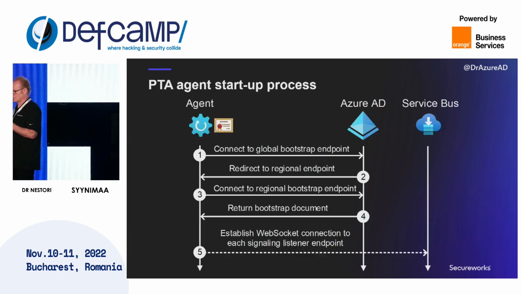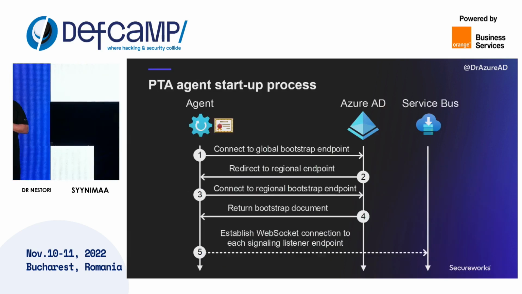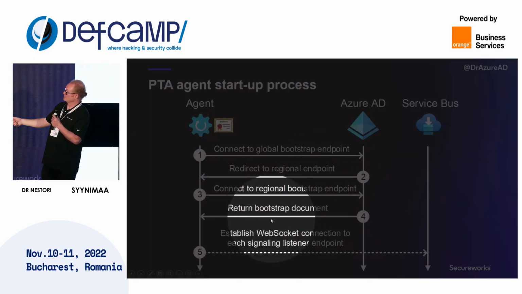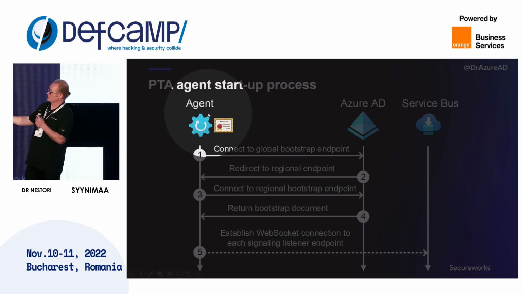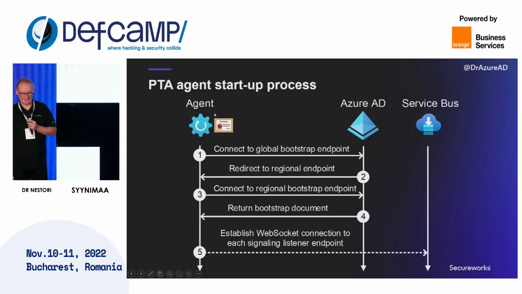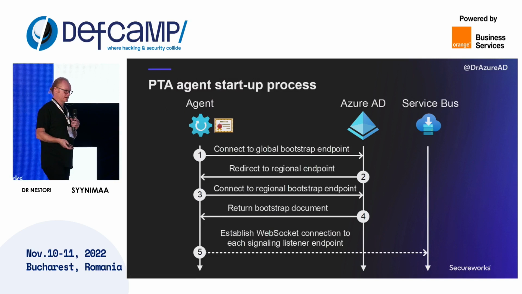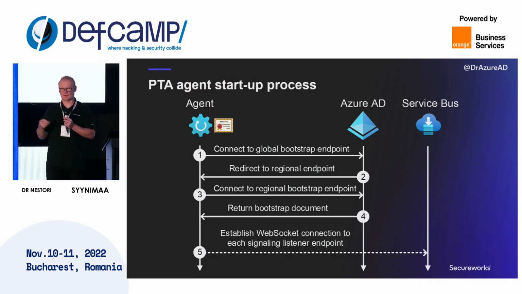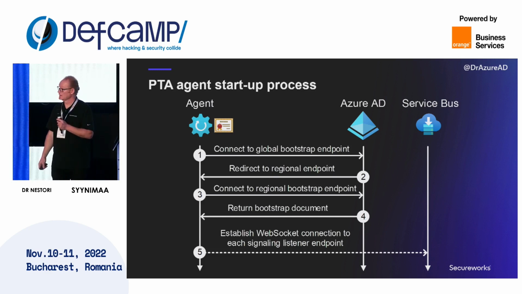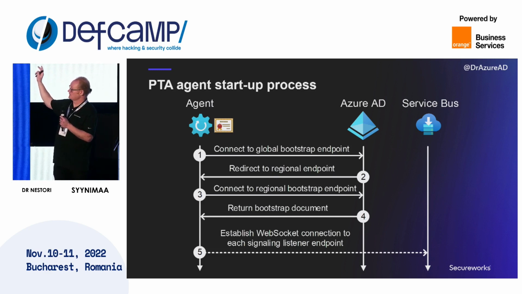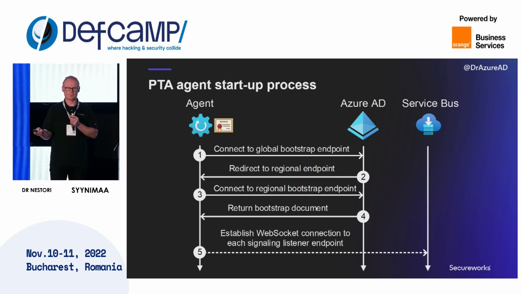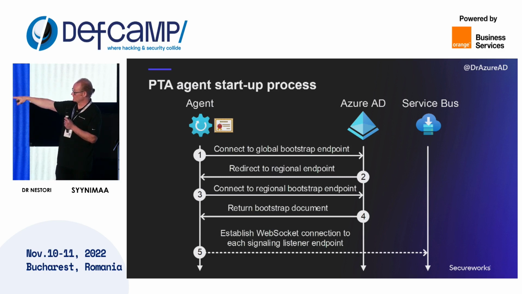This is what happens when the PTA agent is starting up. As you can see on the top left, there's a certificate, which means that PTA agents use certificates as an authentication method. So they are using certificate-based authentication, or CBA. The agent connects to Azure AD, and the first thing it wants to get is a configuration, which is called bootstrap. That's what happens in steps 1 to 4.